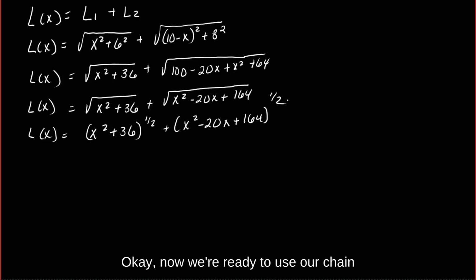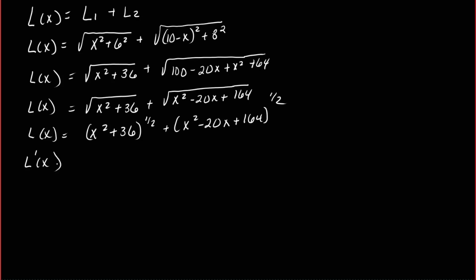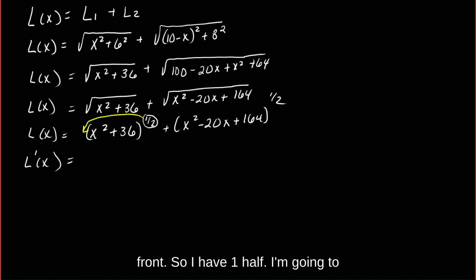Okay, now we're ready to use our chain rule. I'm going to do the inner and outers. So doing the outer first, I'm going to take my 1/2 over, put it in front.